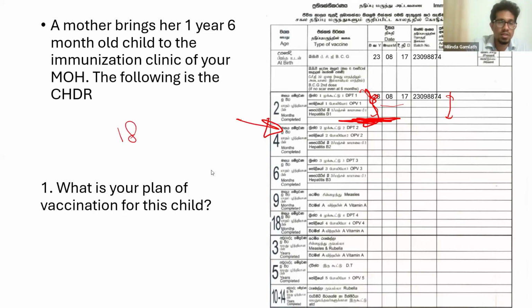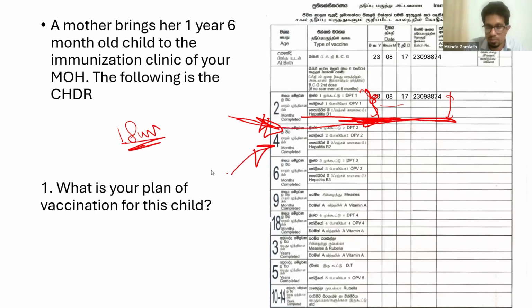This is an 18-month-old, but only having completed up to 2 months of vaccination. So here you can start vaccination again. This is a very common situation. People go abroad and they come back, and then you have to restart vaccination, right? So then you can restart, like you correctly said, from where you have ended. This child's last is the 2-month vaccination. You can start from the 4-month vaccination point.